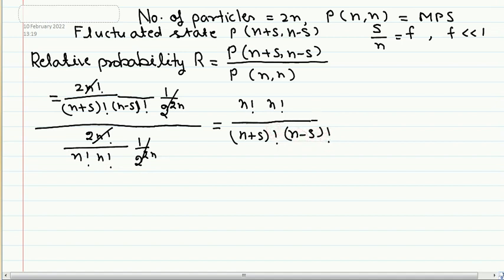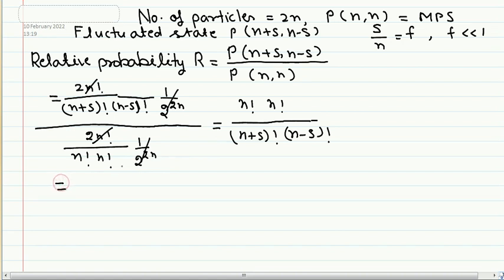Now here you can see that n plus s is more than n, and n minus s is less than n. So we will expand n plus s factorial in some manner.